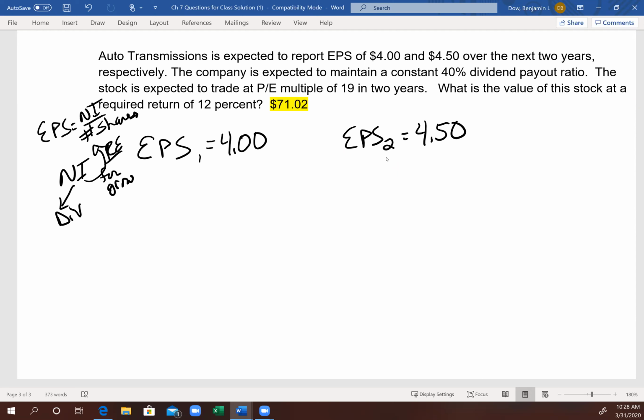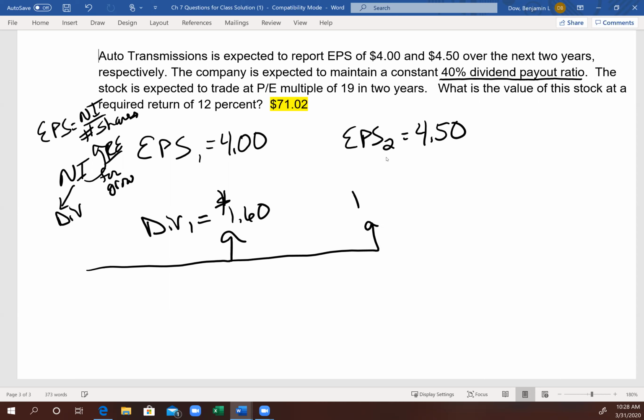Okay. So in this case, if they're going to pay out 40% of the earnings as dividends, then that means we expect the dividend in year 1 to be $1.60, and the dividend in year 2 to be $1.80.